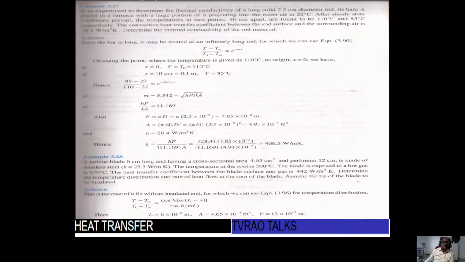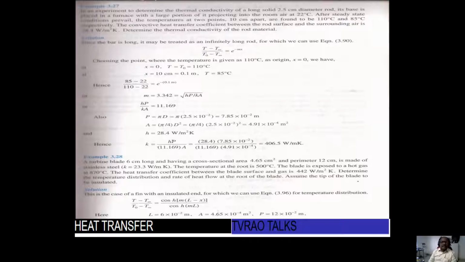So here there is a fin. So he has given some data. So it is a long fin. Diameter is given. And atmospheric temperature T infinity also is given. And he has given temperatures between 2 points.